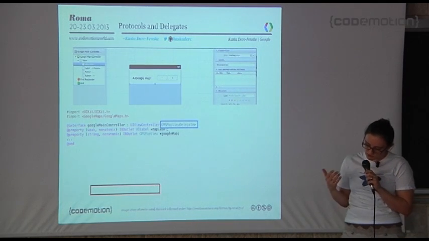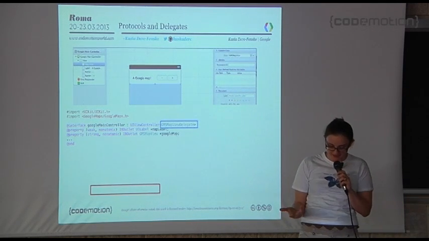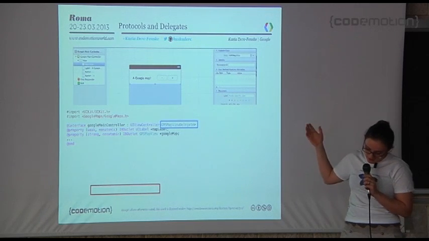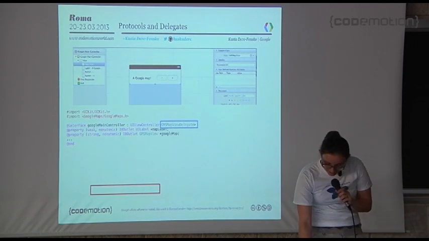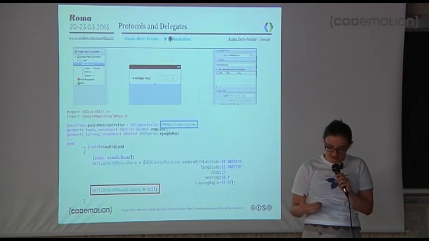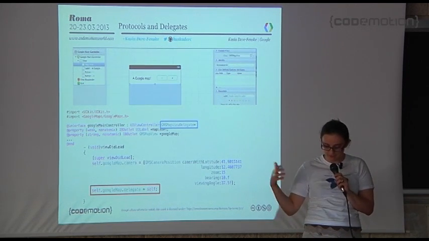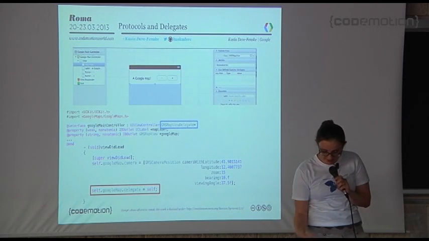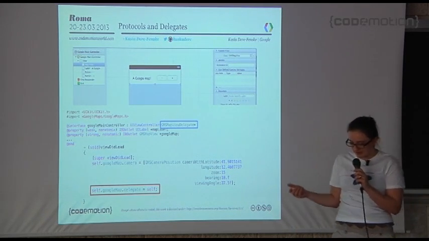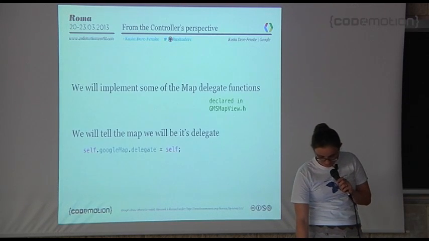In order to be able to be the delegate of our map, we need to say that the protocol is GMSMapViewDelegate. And then we simply, on viewDidLoad, we specify the Google Map camera and specify the camera. And then we say that we want my controller to be the delegate of the map.